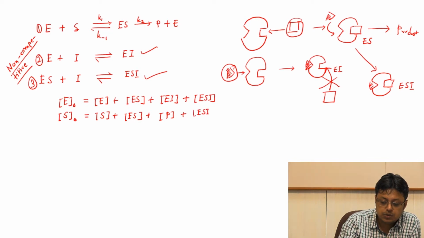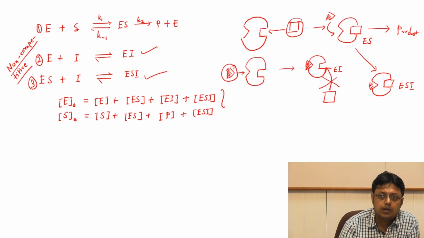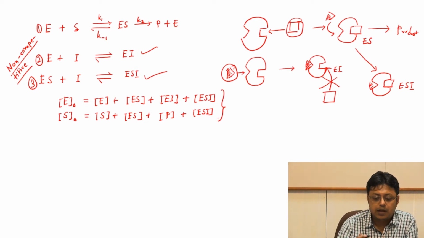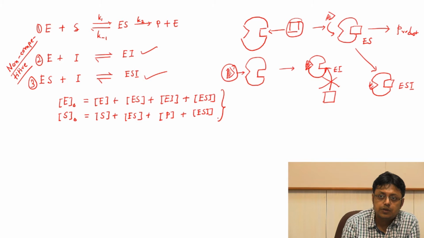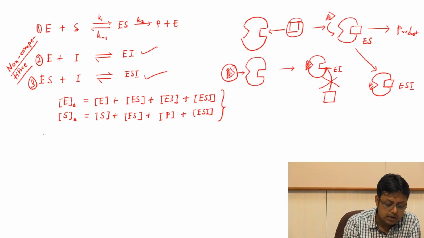And using these two, you can figure out the value of the steady state concentration of ES, the enzyme substrate complex, and now you can put it back into your rate equation, and write it in terms of the Lineweaver-Burk way, and then you will figure out a very, very interesting equation.